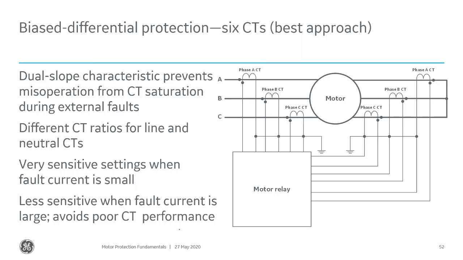Now, the only nice thing about this one is you don't have to route your cables from the neutral side to the terminal side, right? So the core balance mechanism, those CTs really have to be installed by the motor manufacturer. You could install these after the fact, this sort of arrangement, but I've never really seen this. Typically, these CTs are provided by the motor manufacturer.